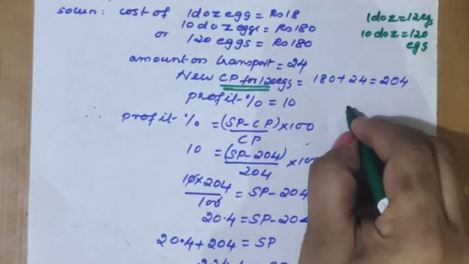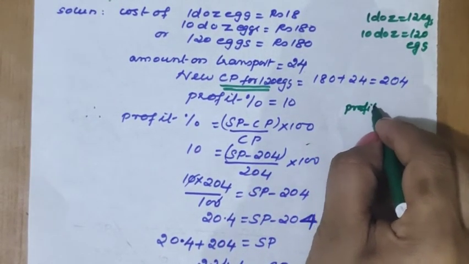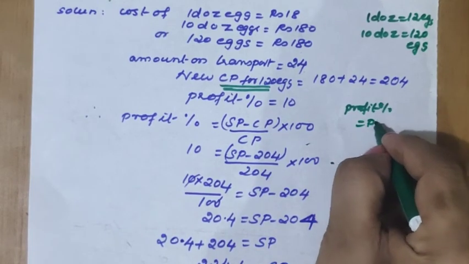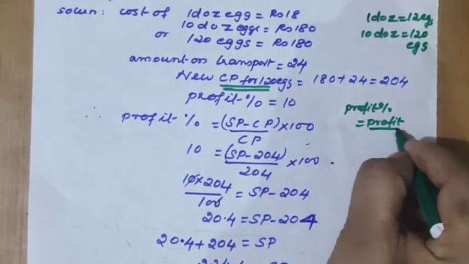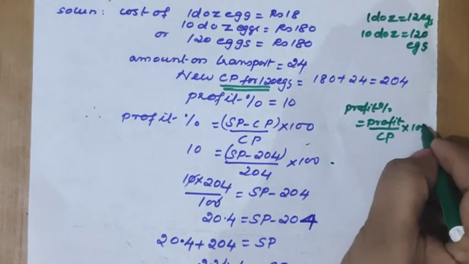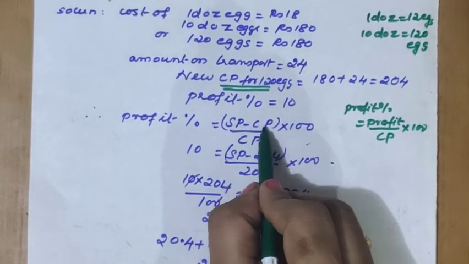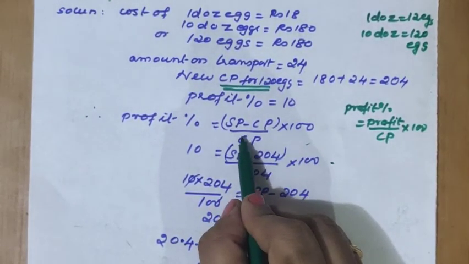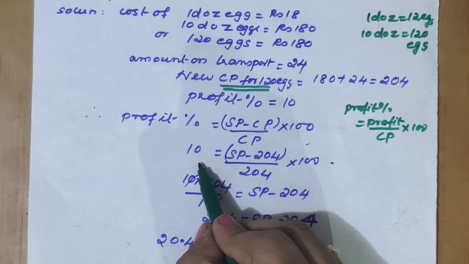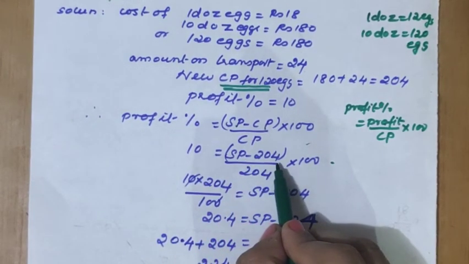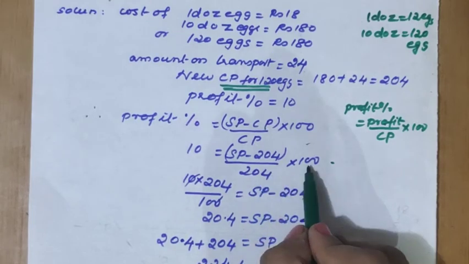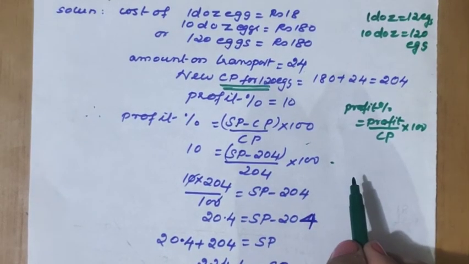That means profit percentage equals profit by CP into 100. Do you remember this formula? What is profit? SP minus CP. That only we have done here. Now substitute the values: 10 equal to SP minus 204 divided by 204 into 100.